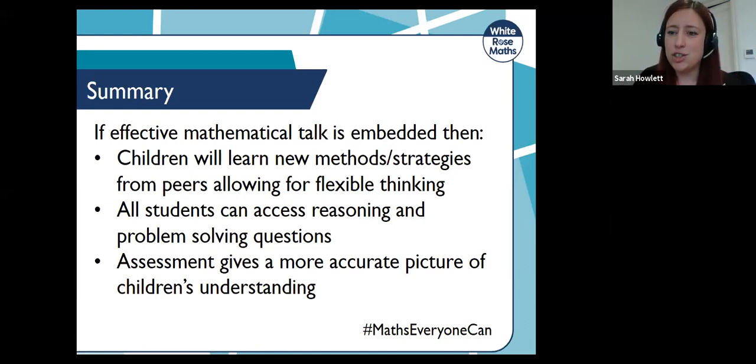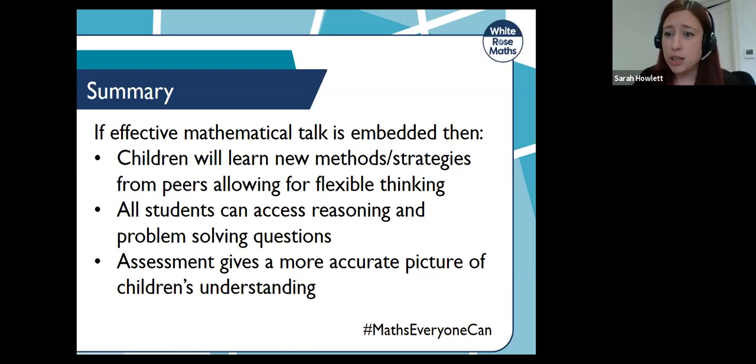Those methods and strategies are being learned from peers. So like Fiona said, it's not always coming from teacher talk. If teachers are quiet and give the children a little bit of opportunity, then we can learn from each other as well. And it really starts to develop that flexible thinking around different types of questions.